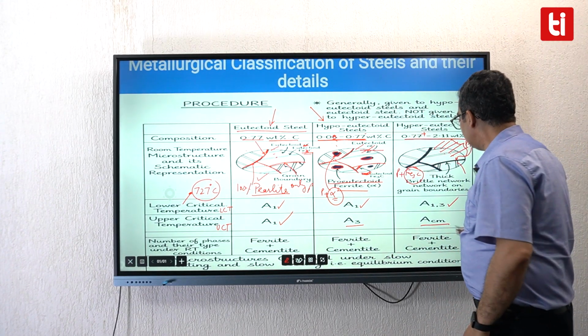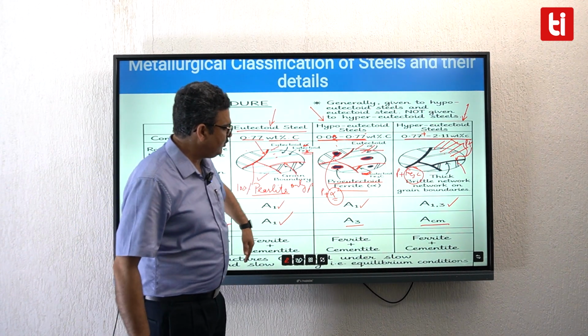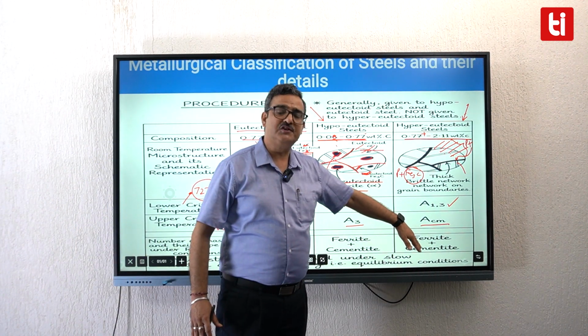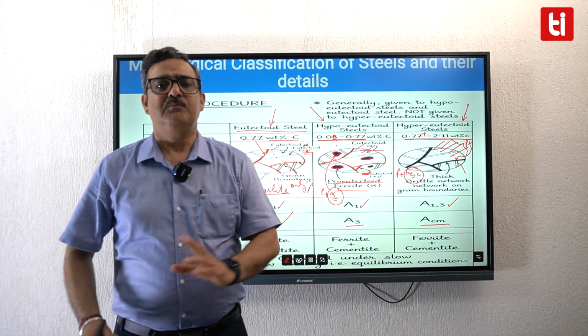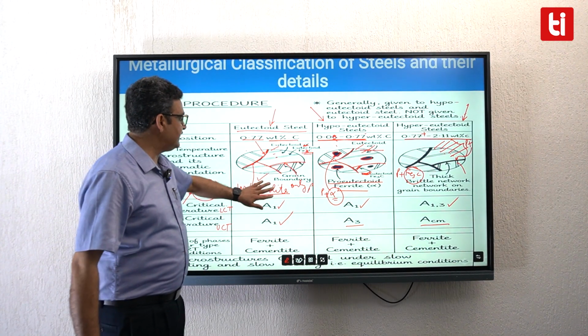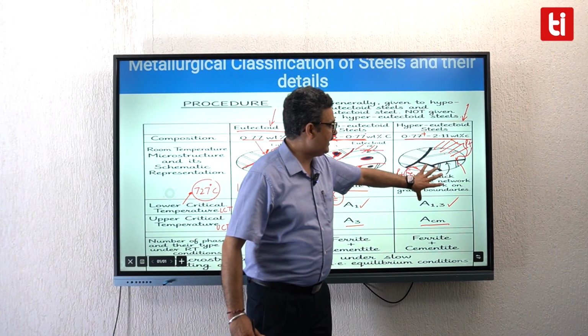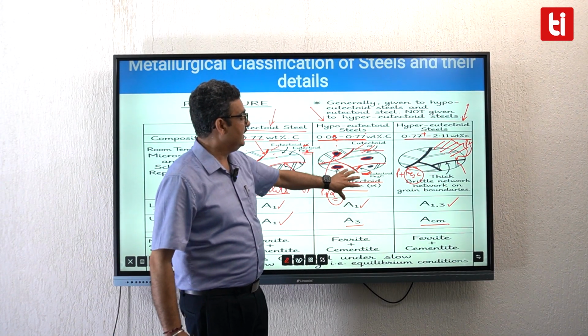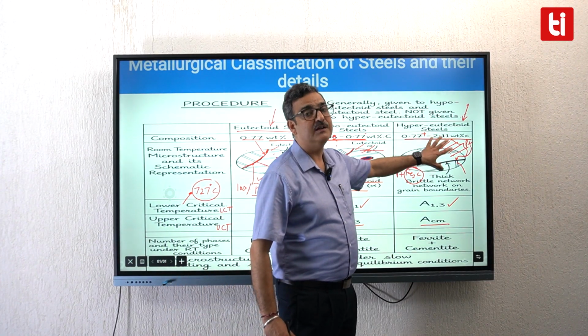We'll discuss it again. So students, all these steels contain only two phases under equilibrium conditions, ferrite and cementite. The only difference is that in eutectoid steel, all the ferrite and cementite is in the form of pearlite. Here also pearlite is there, but along with pearlite, here we have some pro-eutectoid ferrite and here some pro-eutectoid cementite.